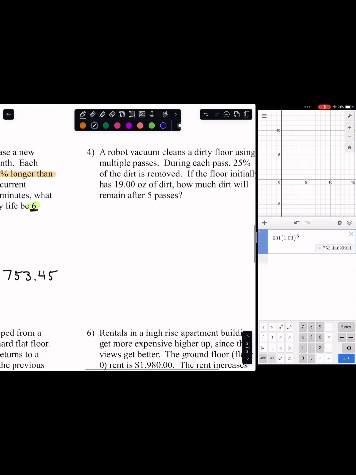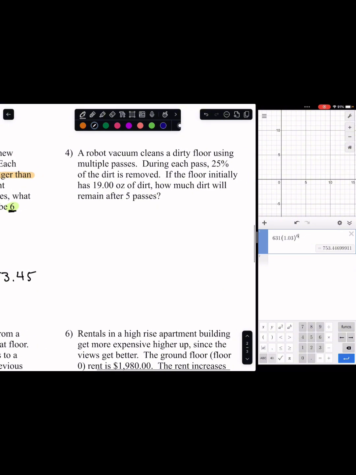Okay. A robot vacuum cleans a dirty floor using multiple passes. During each pass, 25% of the dirt is removed. If it's removed, what does that mean?